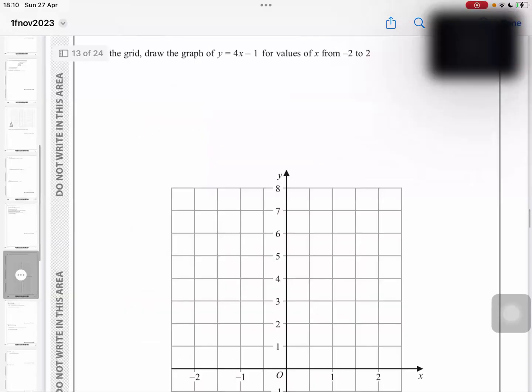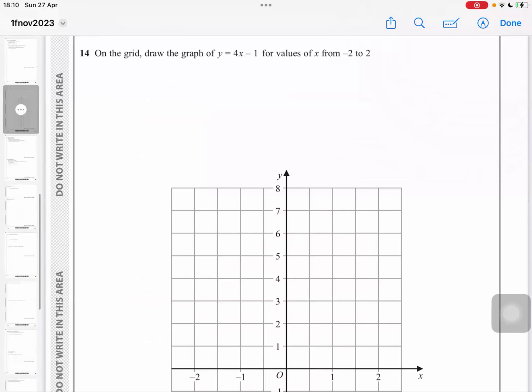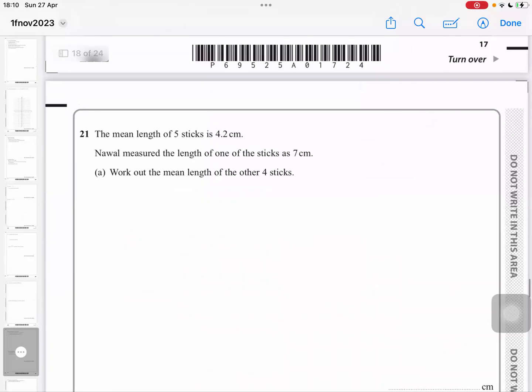I'm just saying the first step in the chat box, but let me finish it. So the first step is to multiply both sides by 5.